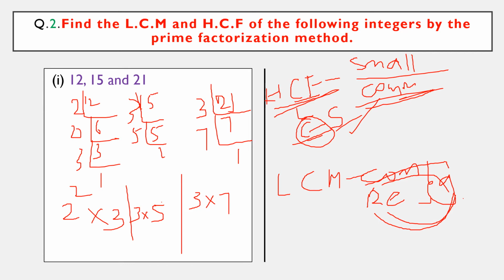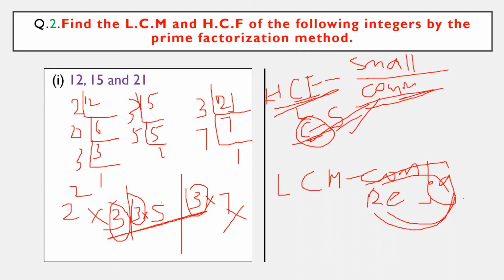Here I told you HCF means common smallest. Here the common thing is 3; here also 3 is there, here also 3 is there. This 3 should be present in all 3 numbers. Common means that if 3 were only in these 2 but not present here, you should not take 3. The prime factor which occurred in all 3 numbers, only that you should take as common.